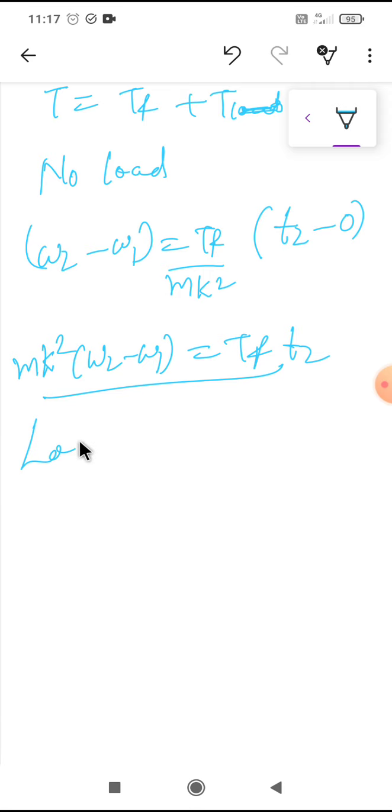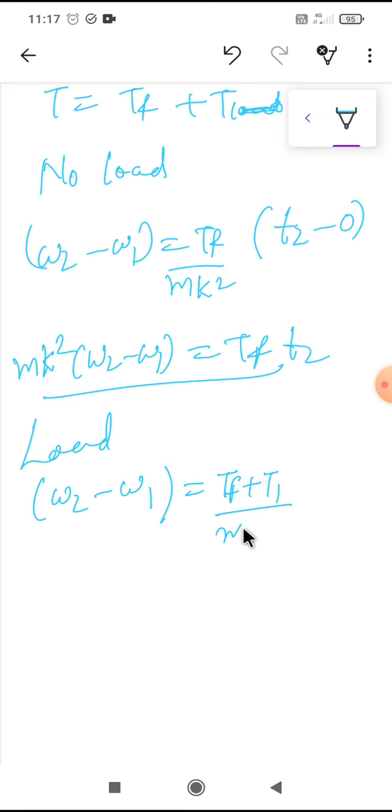Now at the load condition, what will be the equation? Omega 2 minus omega 1 is equal to Tf plus TL, that is friction torque plus load torque, divided by mk square into T3 minus 0, since the initial time is taken as 0.